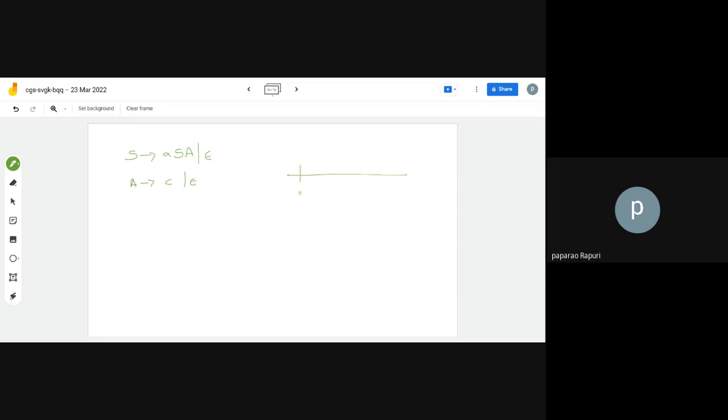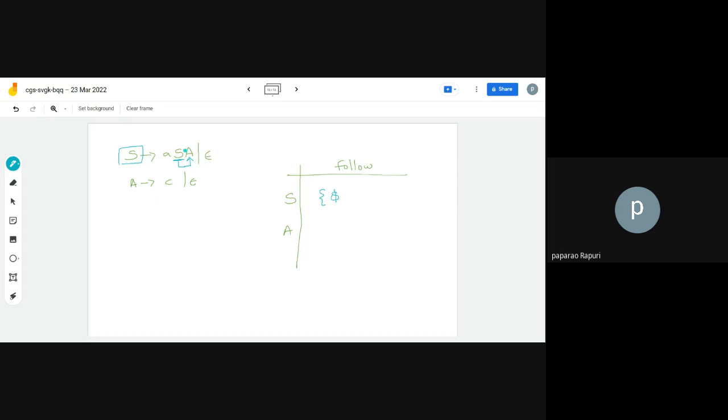For writing follow, there are only two non-terminals, S and A. Capital S is the start symbol, so we simply add dollar to that one. And next, after S, there is A.